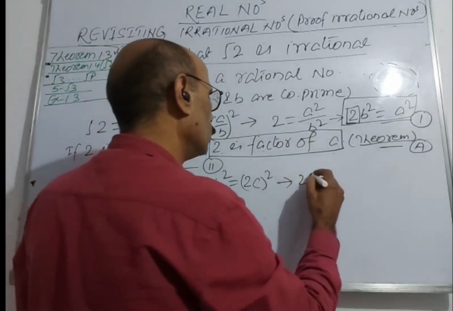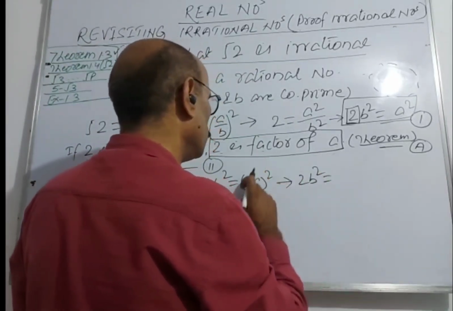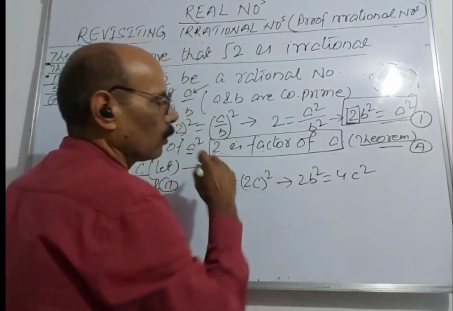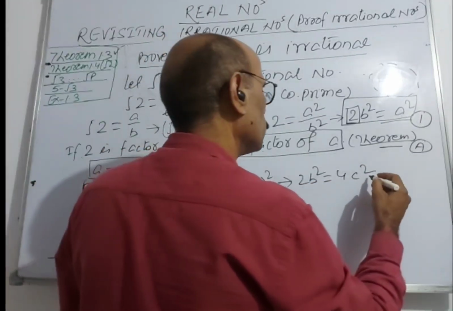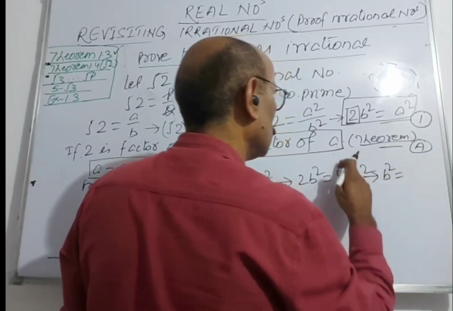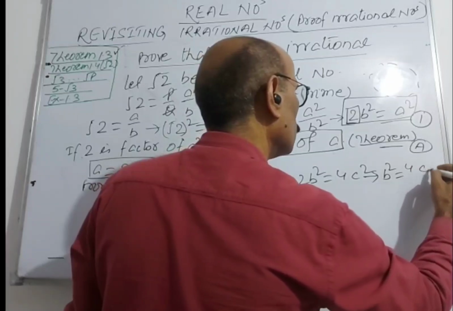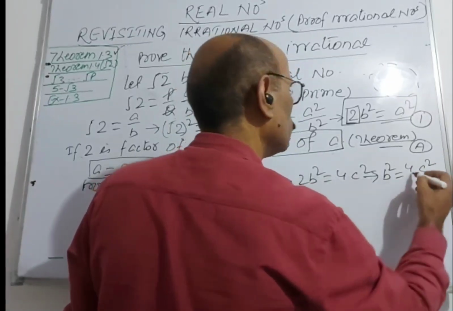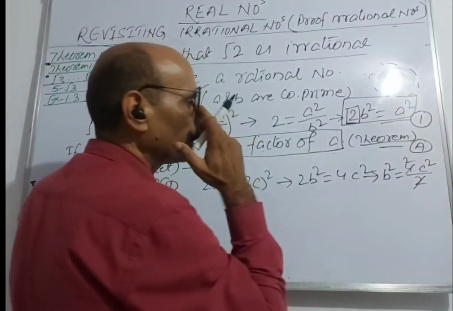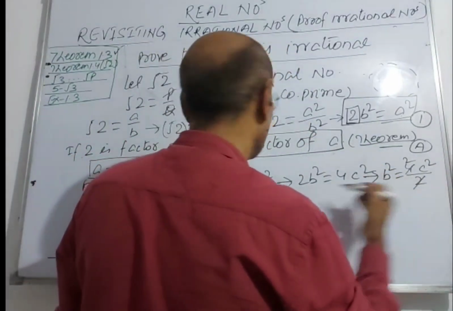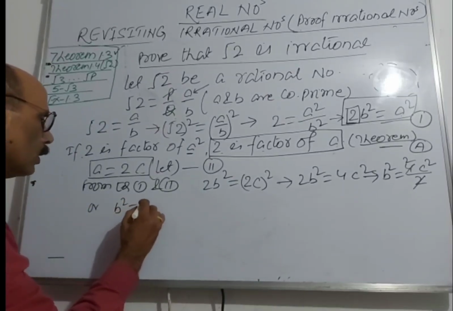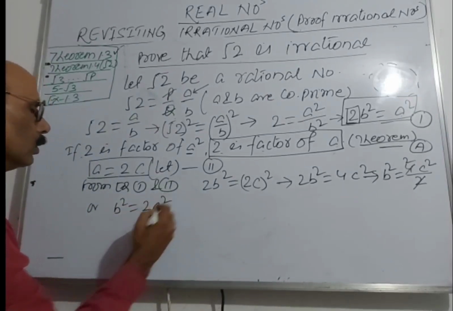Left side 2b square, right side 4c square. So b square is equal to 4c square divided by 2, that is 2c square. That means b square is equal to 2c square.